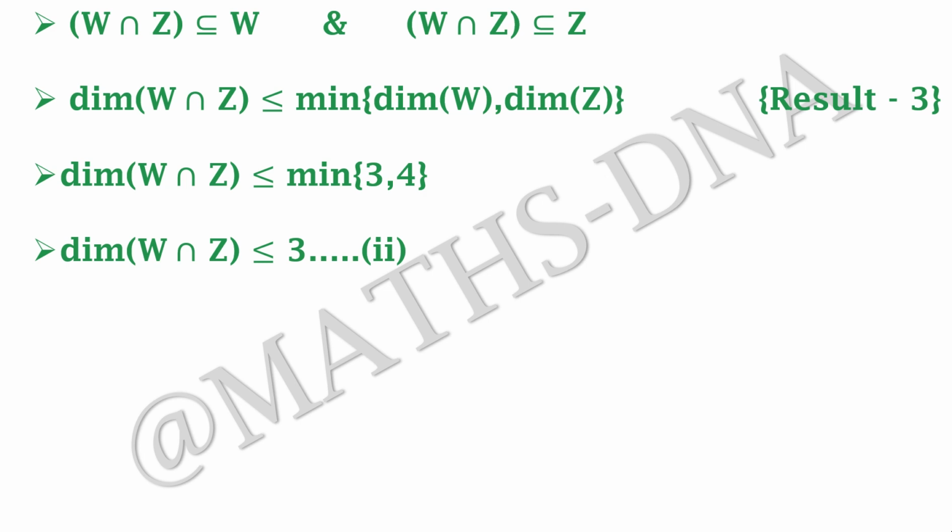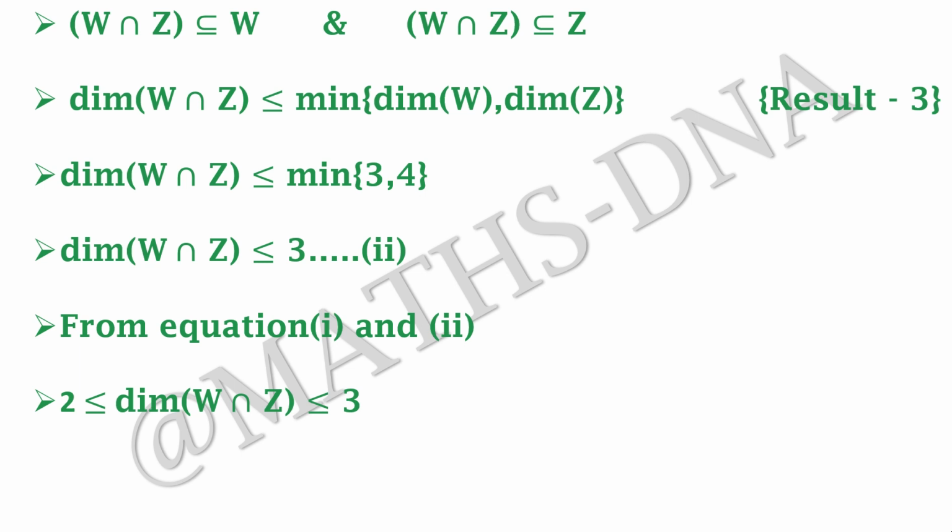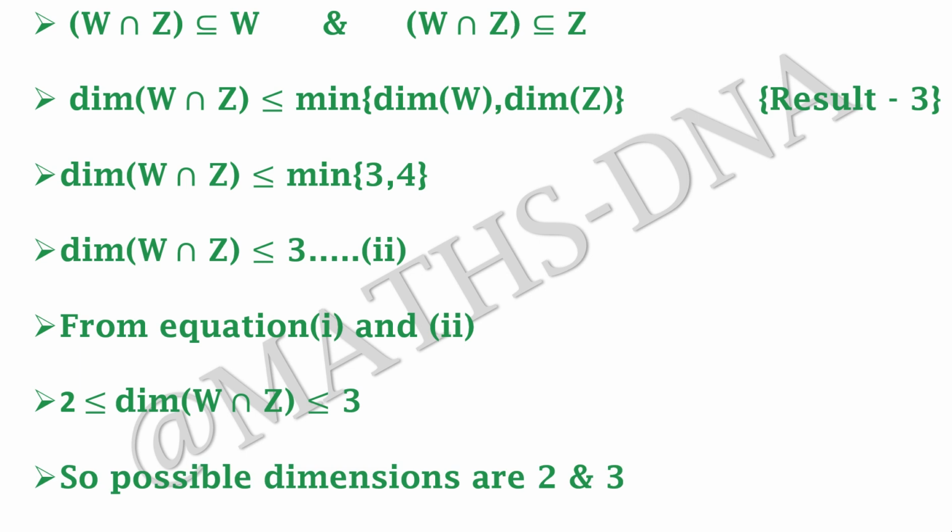Call this equation number 2. Now from equations 1 and 2 we get 2 is less than or equal to dimension of W intersection Z is less than or equal to 3, and therefore the possible values of the dimension of W intersection Z are 2 and 3, and hence the correct answers are options B and C.